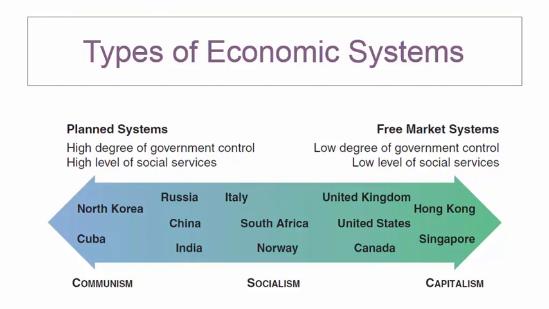You can see the U.S., and then they call out Hong Kong as a little separate from China, I guess because there are some laws that might be a little different in China than Hong Kong. And then you can see some in the middle that are considered socialism, where you have a mixture of planned systems and free market systems.